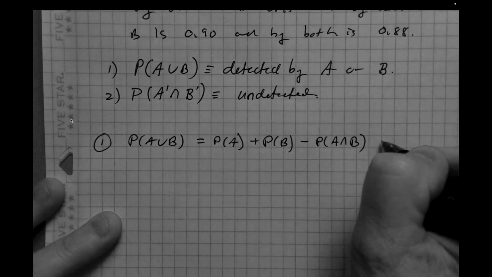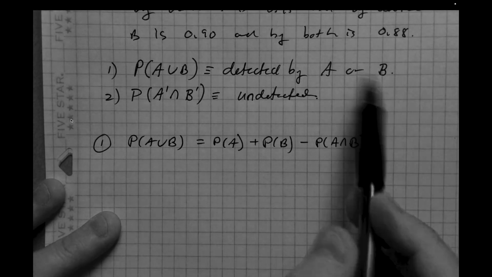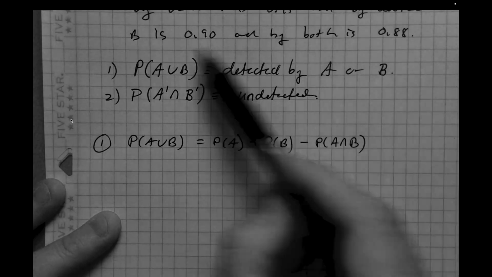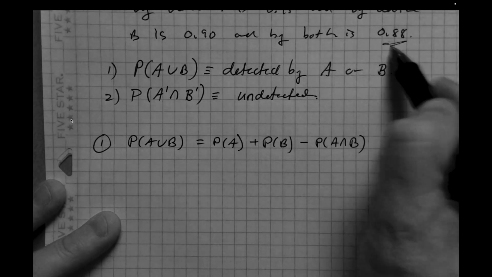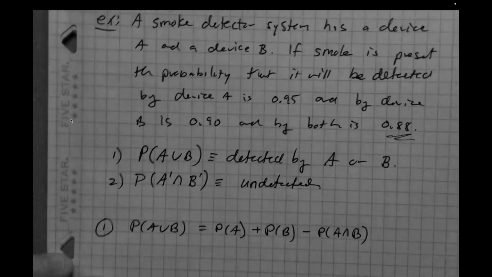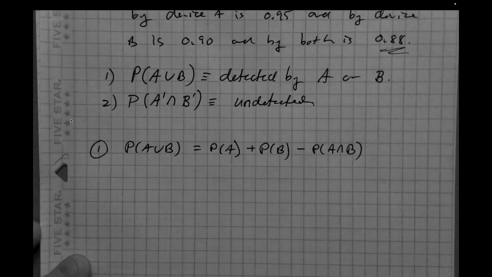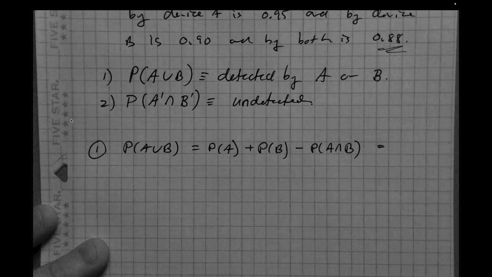Obviously we know that the two are not mutually exclusive because we're told here that the probability of both is 0.88. Just intuitively, the example would indicate that they would have an intersection. And so you can just pull those numbers off and plug them in.